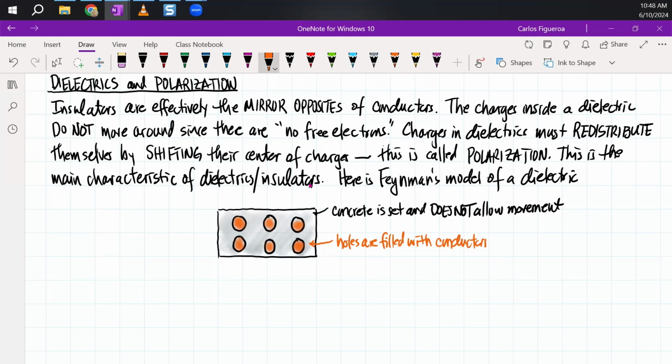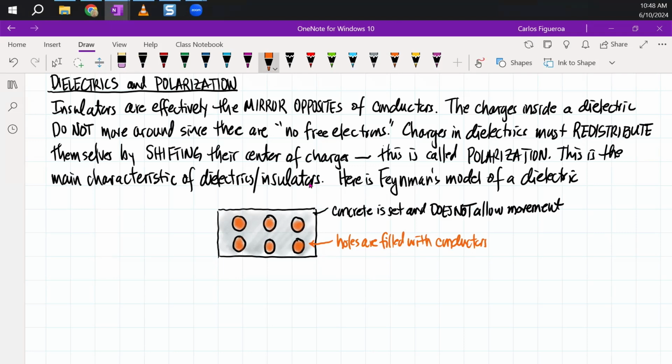But the fact is that these holes cannot move. So when I think about an insulator, if I bring a charge, these conductors are then going to be induced. But we don't say the word induced, even though people use it very freely.